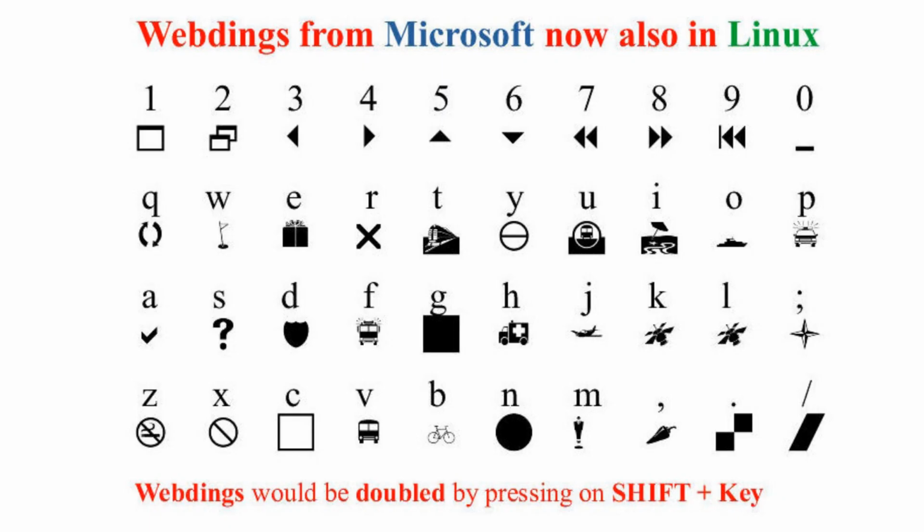As a bonus, you will also be able to use in Linux the Microsoft webdings as shown. If you need more time to see these webdings, press the J key to go back 10 seconds. You can double this number of webdings by pressing Shift together with any keyboard key.